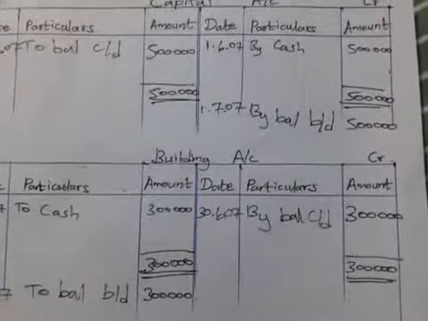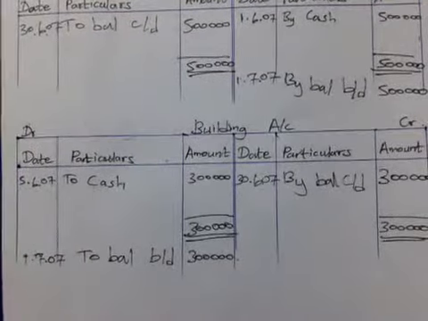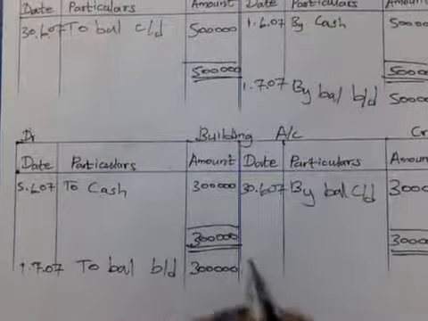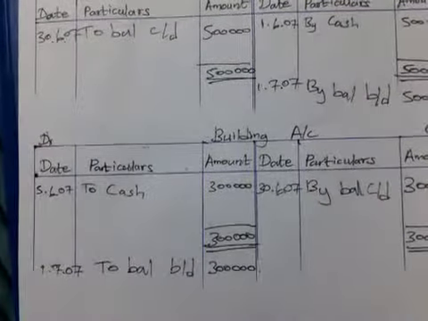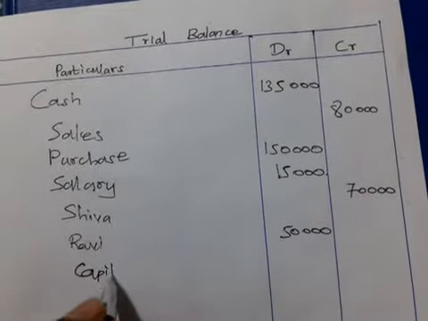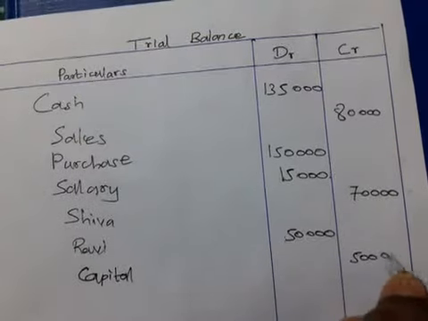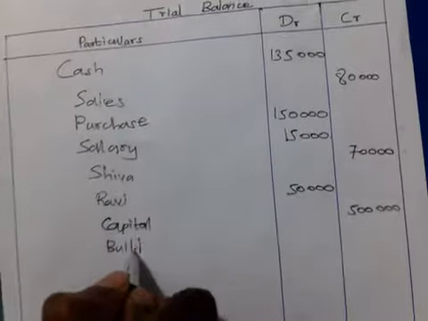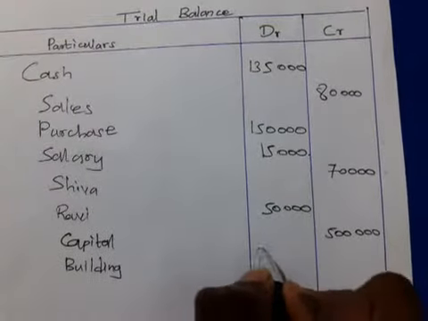As well as in the building account we have a balance of 3 lakhs on the debit side, so we record it on the debit side of the trial balance. Capital 5 lakhs credit balance. Building 3 lakhs debit balance.